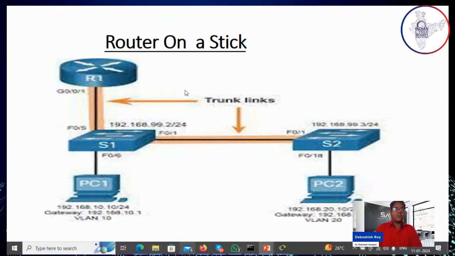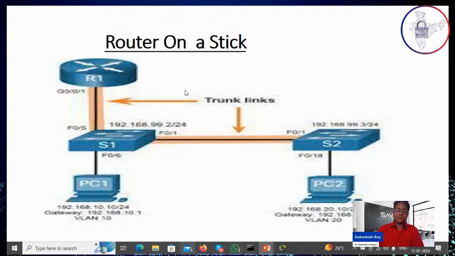When we configure the VLAN, we'll see in Packet Tracer that we add the logical interfaces there, and sub interfaces means router on a stick. So router on a stick is a feature which enables a router to route traffic for multiple VLANs, that is more than one VLAN. So that is the theory part for the basic VLAN configuration.